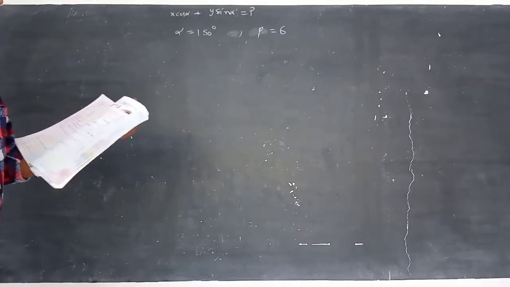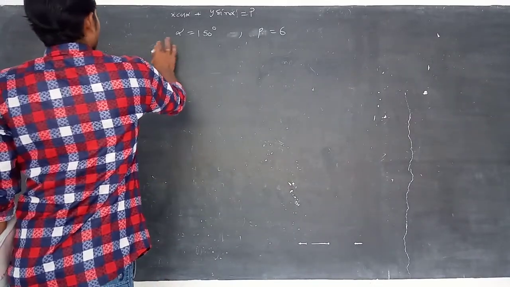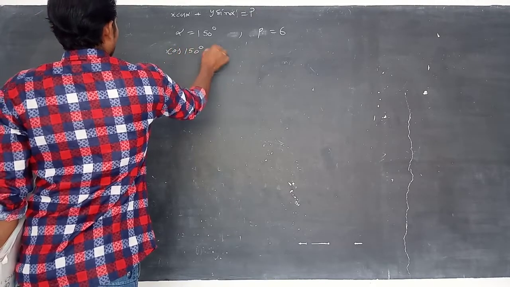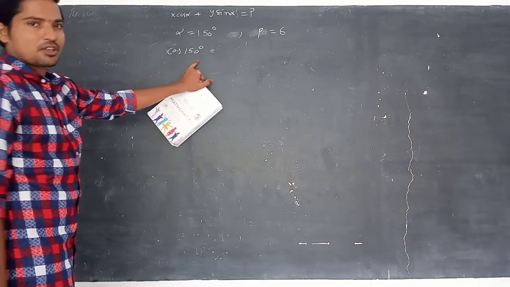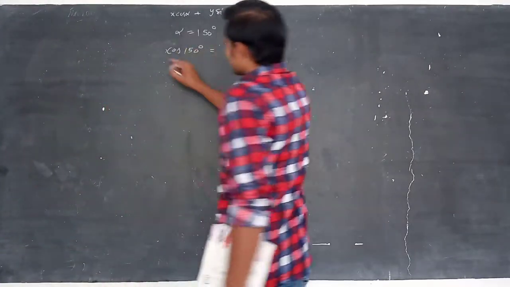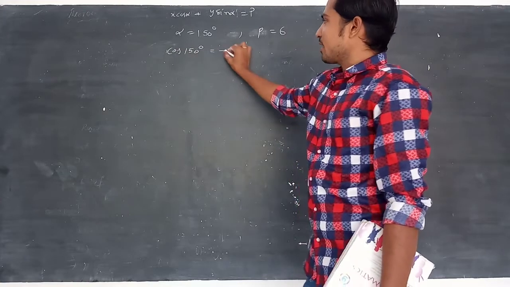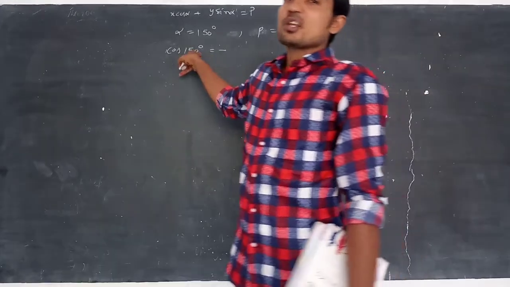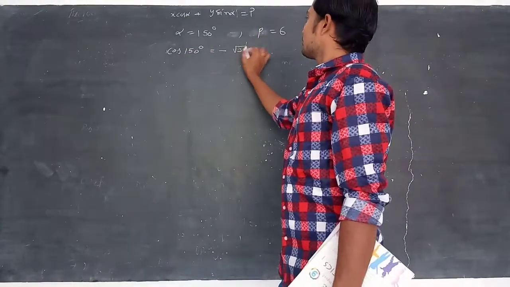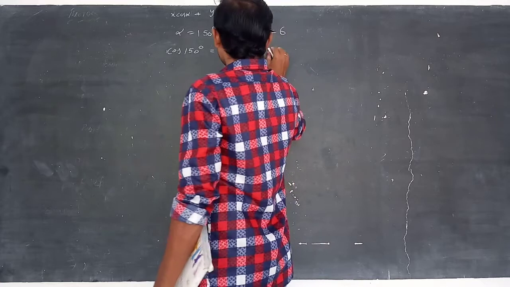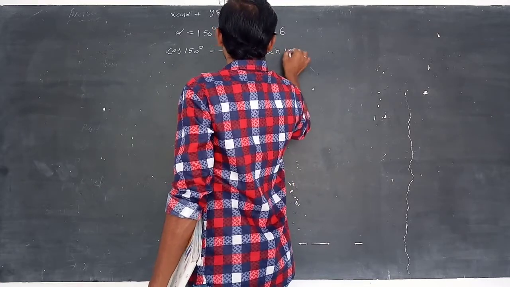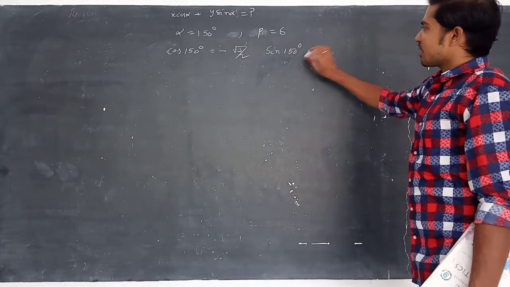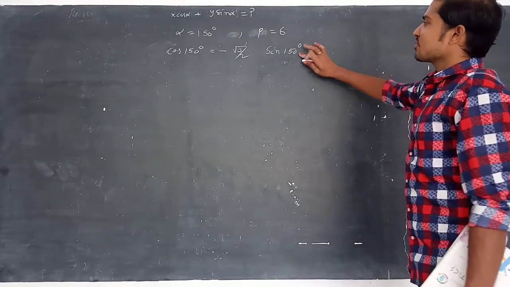Then the equation of a straight line: x cos alpha. Cos 150 degrees equals cos (90 plus 60). Cos of 90 plus 60, second quadrant, is minus, and cos becomes sine. Sine 60 is root 3 by 2. Now sine 150 degrees: sine of 90 plus 60, second quadrant, which is positive, and cos 60 is half.